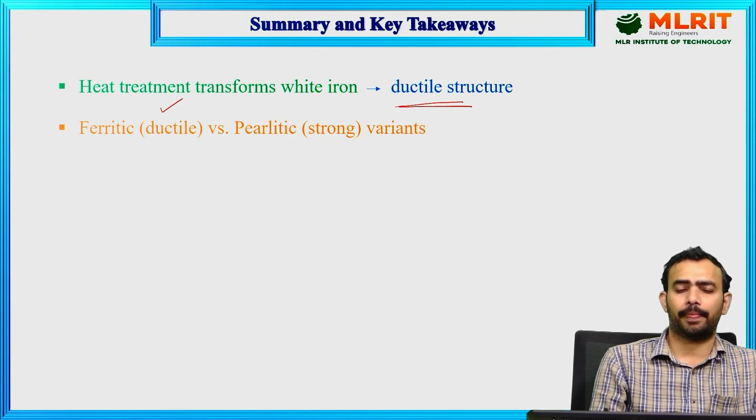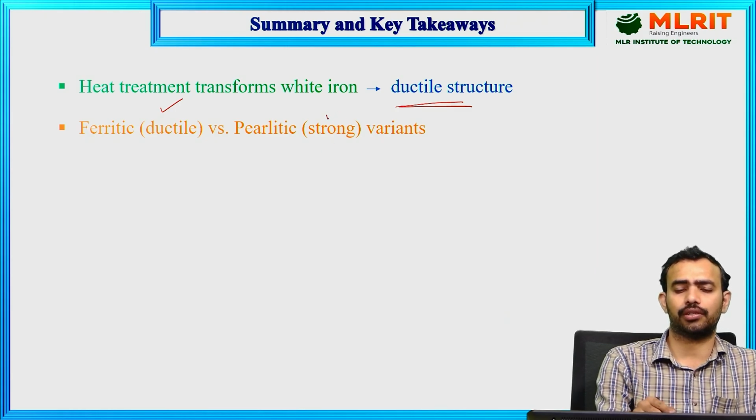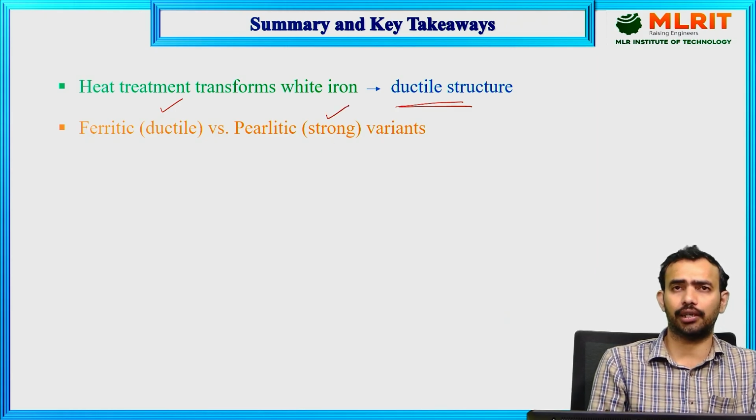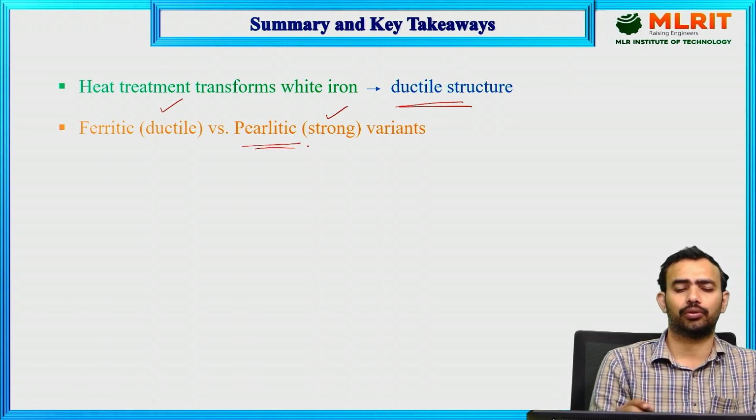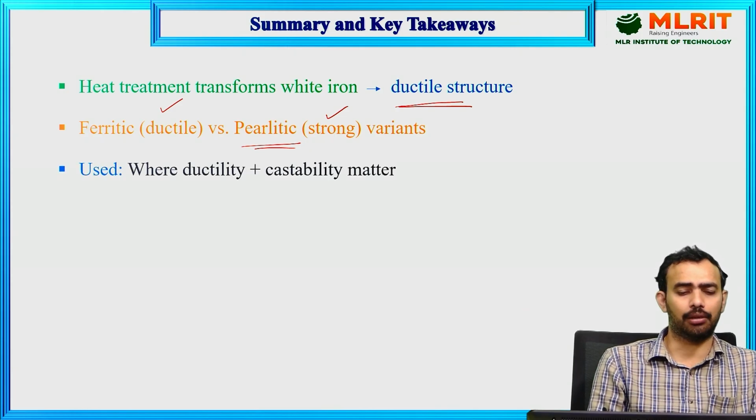If you are looking for a more ductile variant of malleable cast iron, look for slow cooling, where a ferritic matrix can be observed. If you are looking for thin sections with good strength and ductility, then seek relatively faster cooling, and a pearlitic matrix will offer that variant of malleable cast iron.